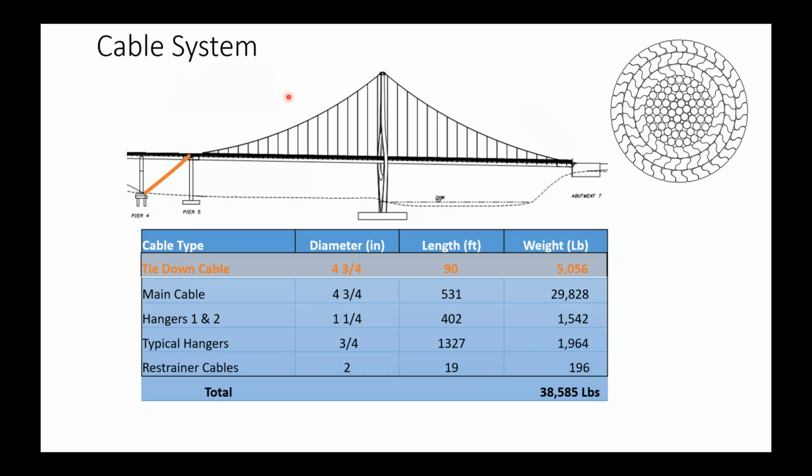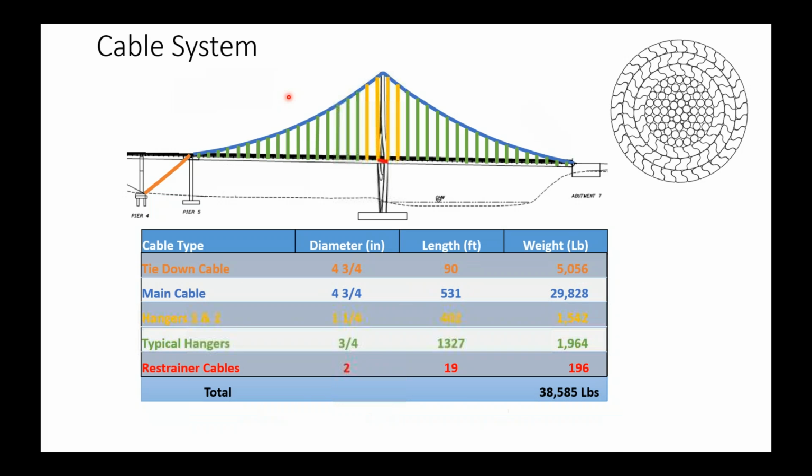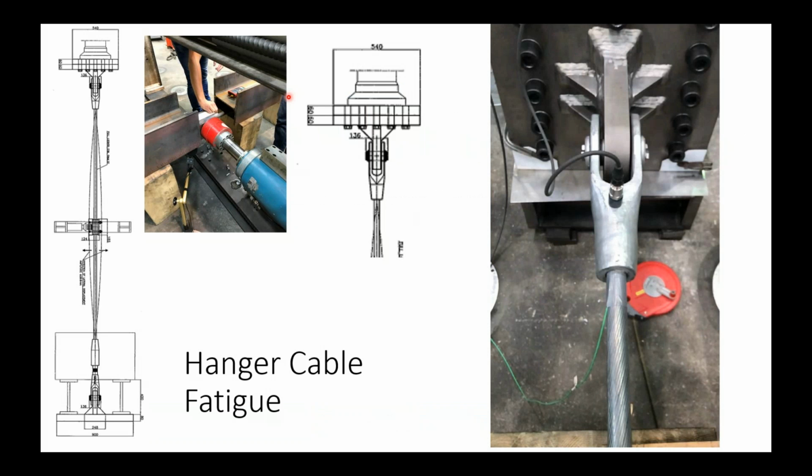The supplier was in northern Italy. They were prefabricated to a specified length. The end fittings, these fork attachments, were connected to the cables in the shop. So the cable had to be cut to a fixed length, shipped out to the site, and hung once they got out there.